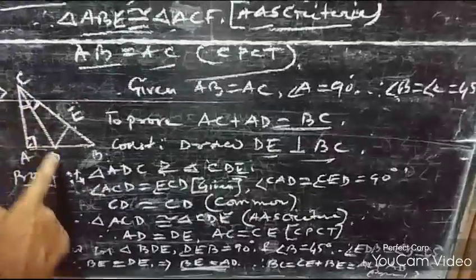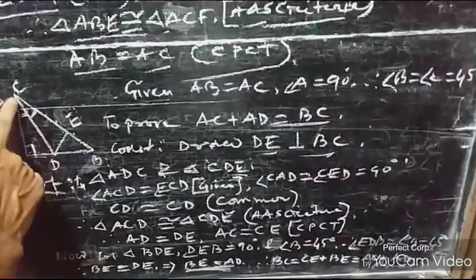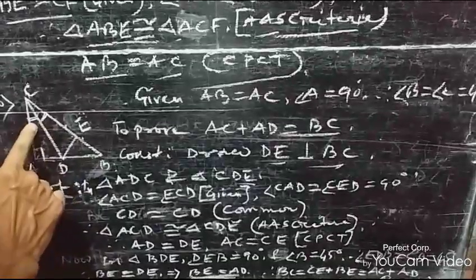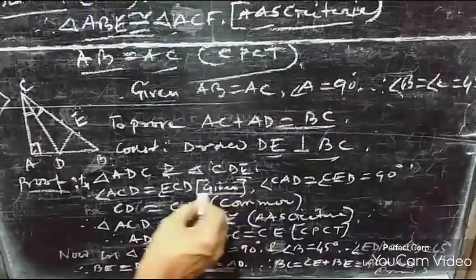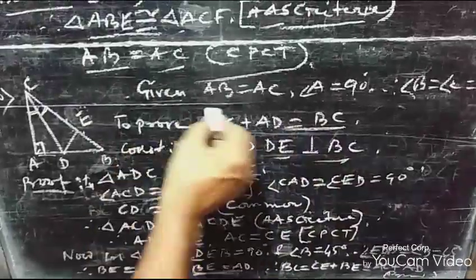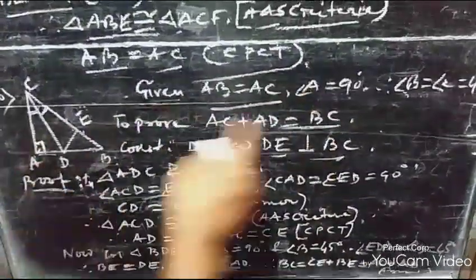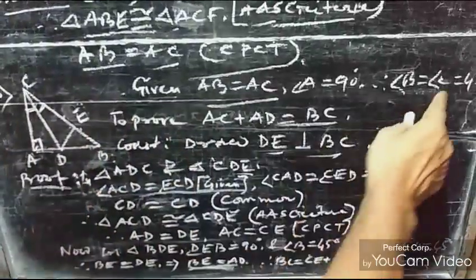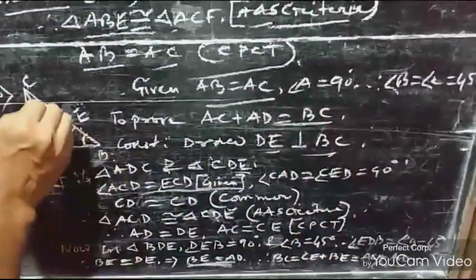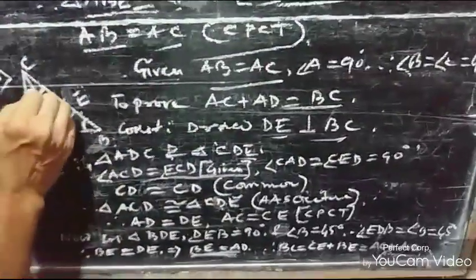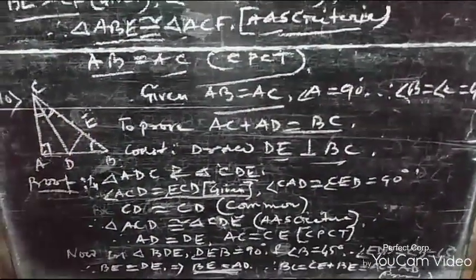This is given. AB equal to AC is given. Angle A is 90 degree and angle B equal to angle C. And CD is the bisector, so these angles are given.